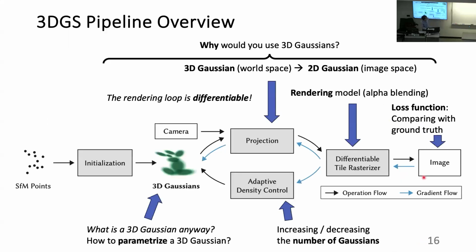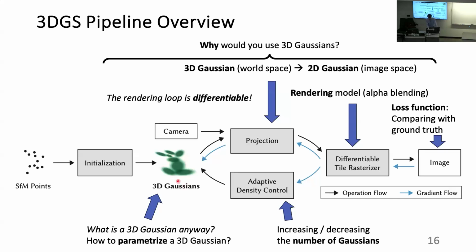And as an overview of the 3D Gaussian splatting pipeline, the first question that we'll answer in the next part is, what are 3D Gaussian splats anyways, and what does it mean to parameterize the 3D Gaussian splat? And of course, we also talk about how we initialize these and what a structure from motion point cloud is.